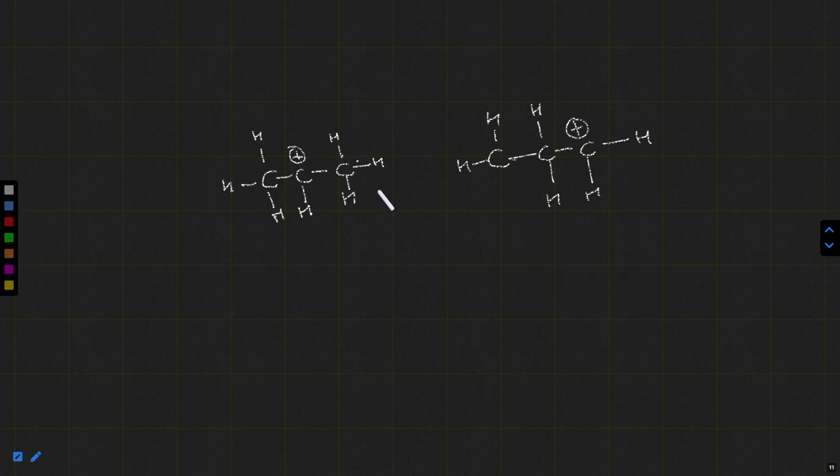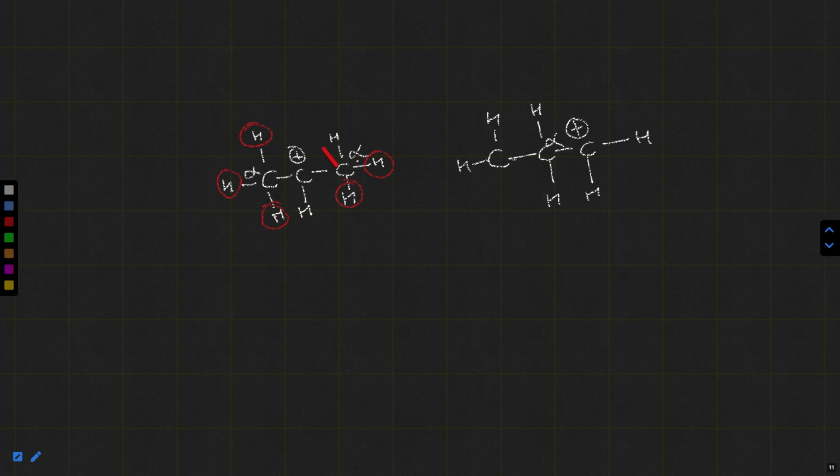How will you decide it? On the basis of alpha hydrogen. Alpha hydrogens are those hydrogens which are present on the alpha carbon. So we have two alpha carbons for this carbocation and one alpha carbon for this one. How many alpha hydrogens are possible? If we count them, we have 1, 2, 3, 4, 5 and 6.